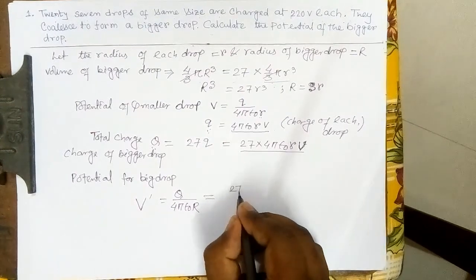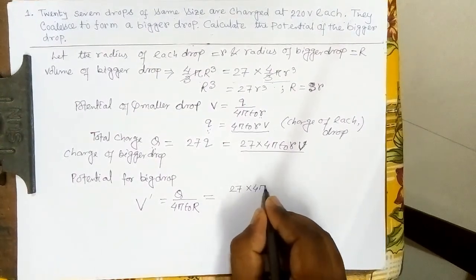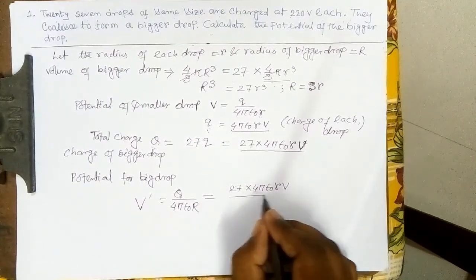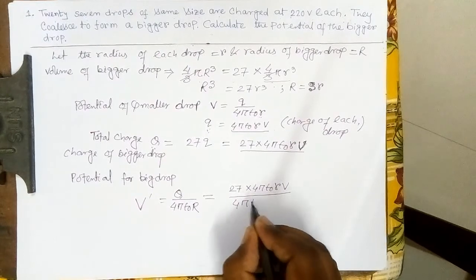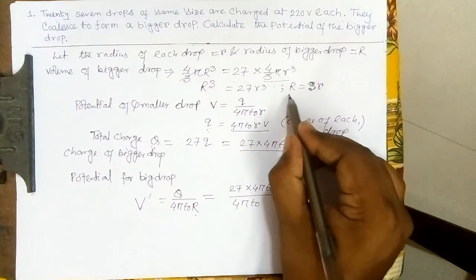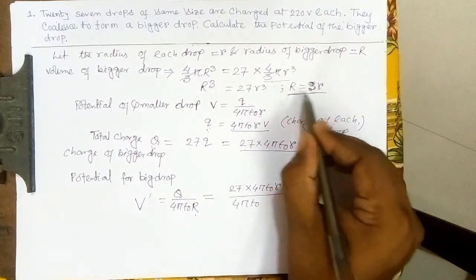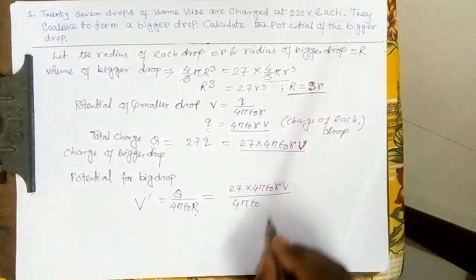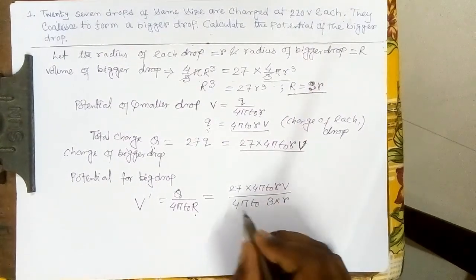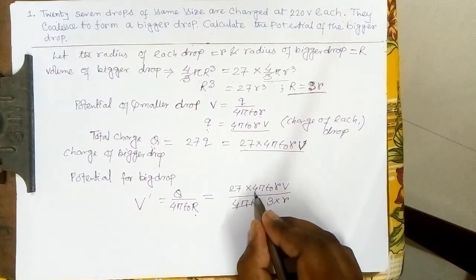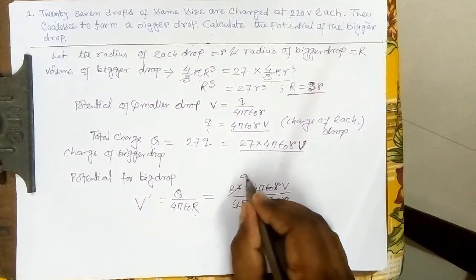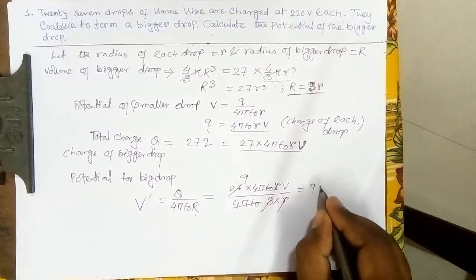So it is 27 into 4 pi epsilon naught r into V by 4 pi epsilon naught. In place of capital R, we found at first that capital R equals 3 into small r, so we put 3 into small r. See, everything will be cancelled out: 4 pi epsilon naught, 4 pi epsilon naught, r. 27 divided by 3 is 9. So 9 into V.